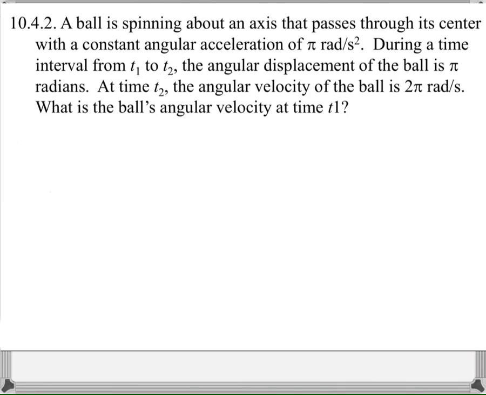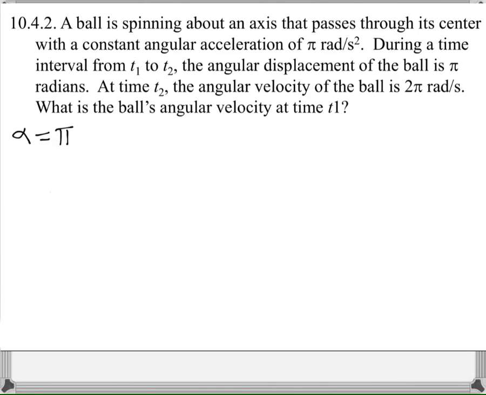Another question, it is helpful for you to solve more questions, of course. A ball is spinning about an axis that passes through its center, and the constant acceleration is given as pi radian per second square. So let's immediately write down the acceleration as alpha, the angular acceleration. It is pi.